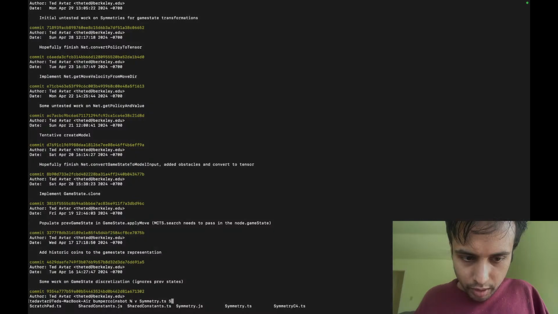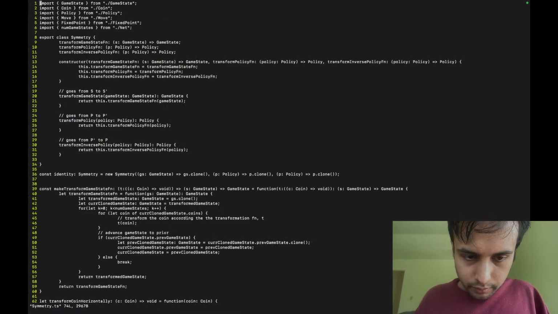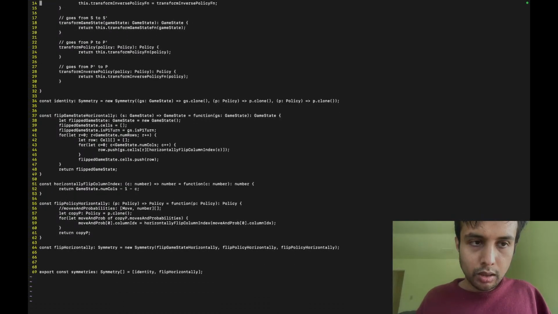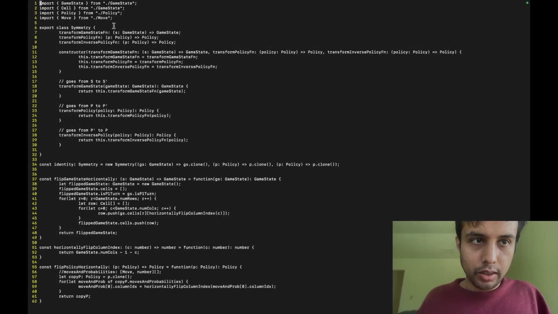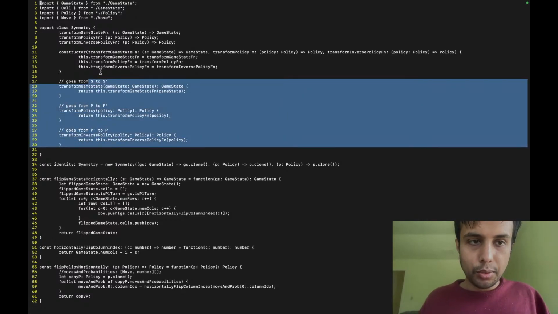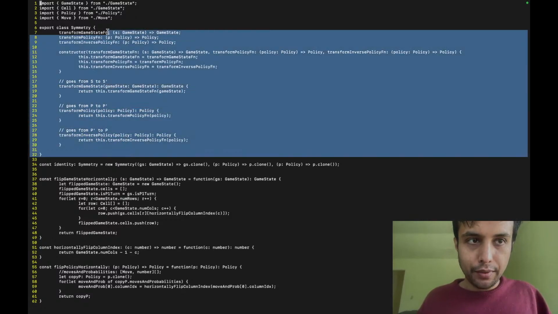Symmetry.ts, and let me also open up Connect 4 for some reference. Let's start with Connect 4. We've already seen the definition of symmetry. It offers these three methods, and it's a very top level class.